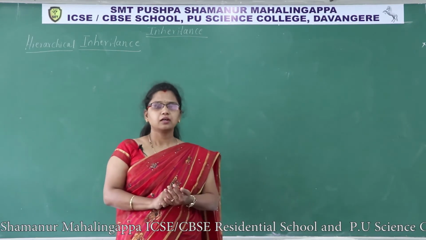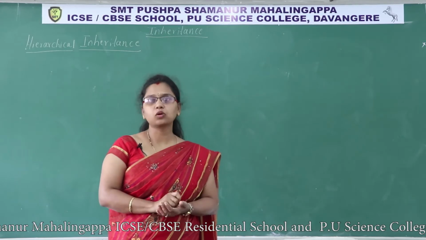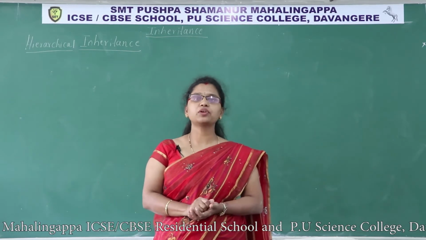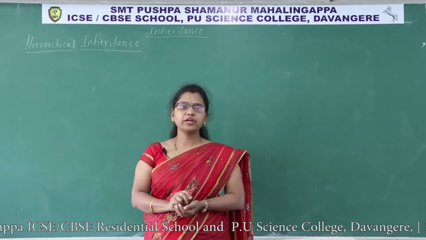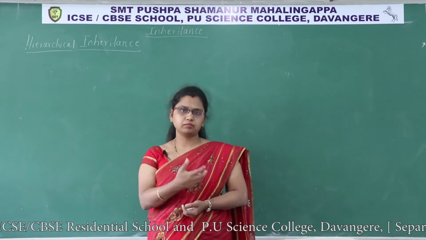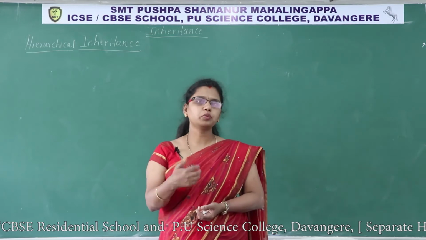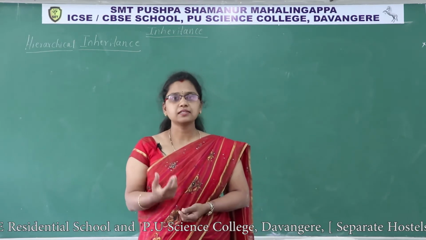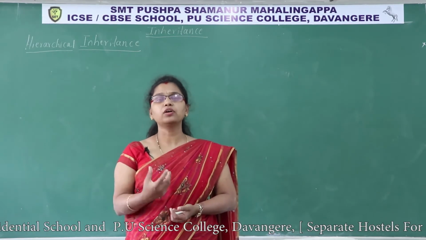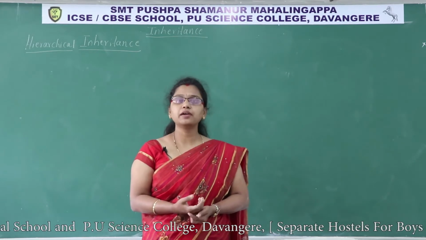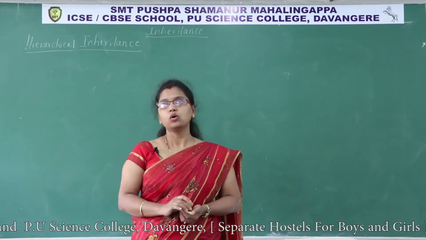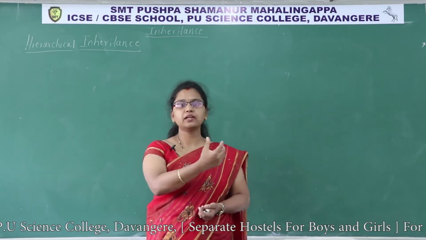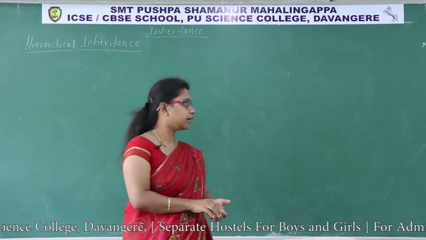Sometimes 2 or more classes require the same data which already exists in a base class. So what would be the definition? When 2 or more classes are derived from a single base class, that is hierarchical inheritance. One base class and more than one derived class, like a tree structure.